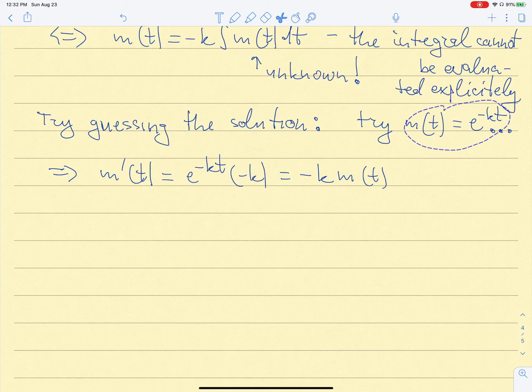So where does the unknown constant go, right? Because somewhere there must have been integration that I was doing. All right, so how do we incorporate the unknown constant?